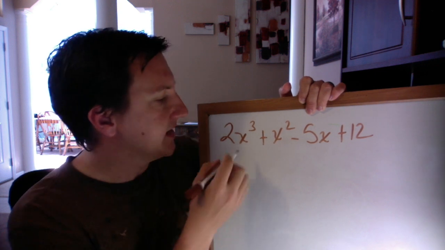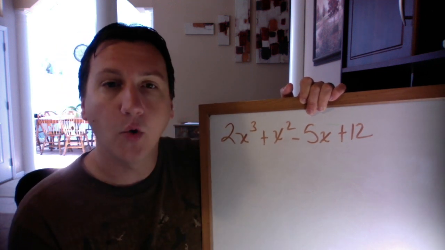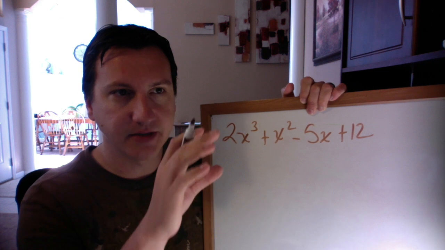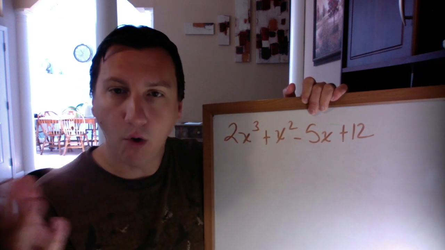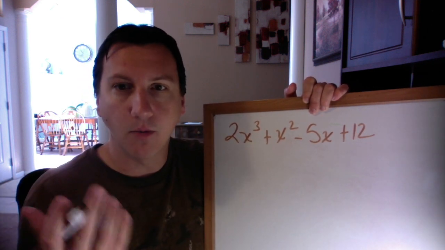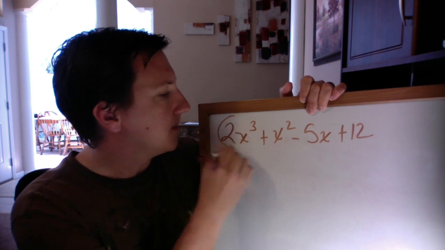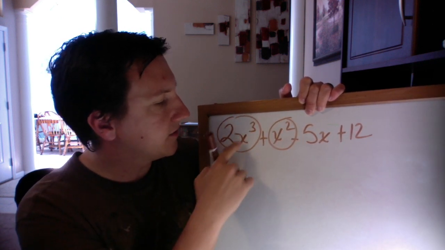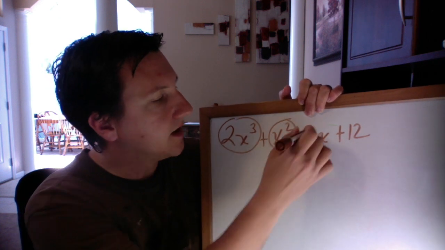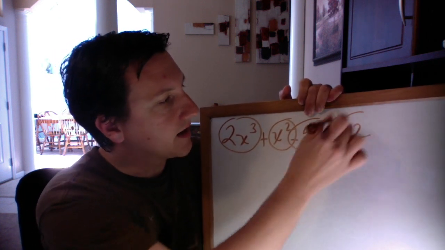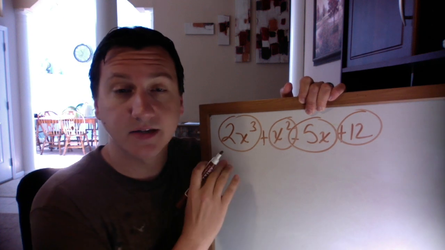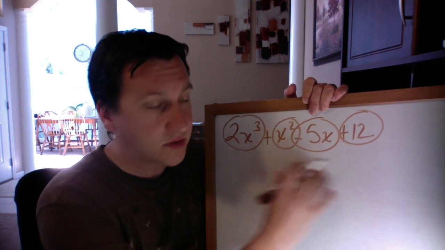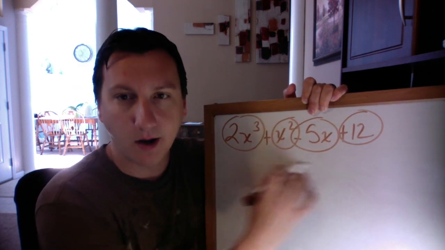Each of these would be considered a term or a monomial. So the prefix mon or mono meaning one, poly meaning many or multiple. So this would be a term. This would be a term. So 2x to the third is one term, x squared is another, negative 5x is another, and 12 is another. These multiple terms make up a polynomial.